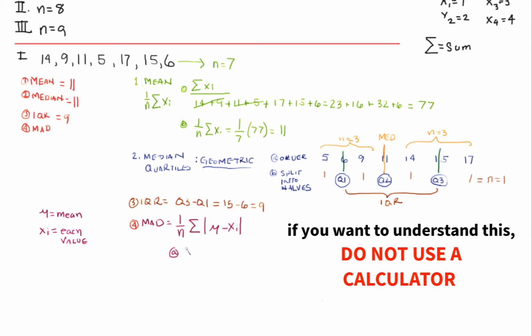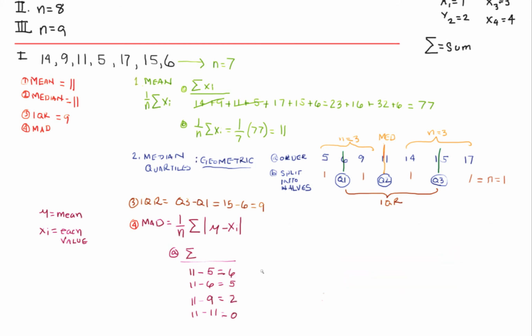Okay, so I know it looks fancy, but once we do it, you'll see what it means. So we're going to do this first part. That's going to be 11 minus 5. Remember, the mean is 11, so 5, 6, 9, 11. And then we have 2, 0, and then we have 11, 14, 15, and 17. And here we have 3, 4, and 6.